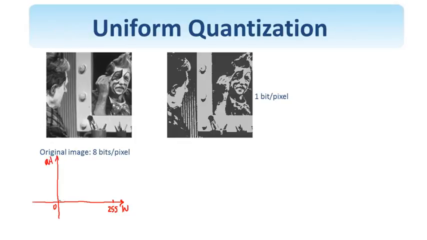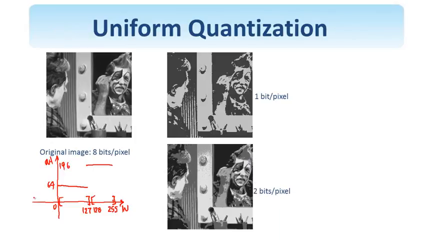And then the values between 0 and 127 are mapped onto the midpoint of this region, which is equal to 64, while the values from 128 to 255 are mapped into the midpoint of this region, which is equal to 196.